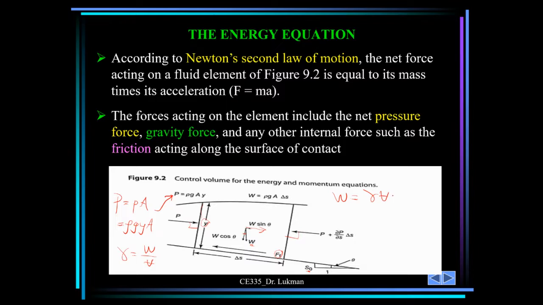The volume here is simply the cross-sectional area times the length ds. So that's why we have A delta S. So this is the weight component. These are the forces acting: the net pressure force, the gravity force, and any other internal force such as friction acting along the surface.